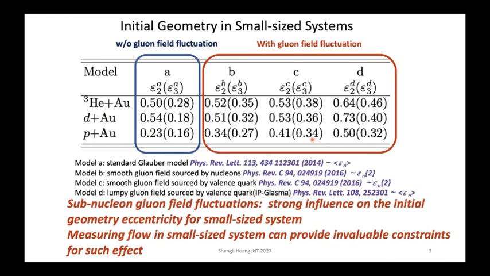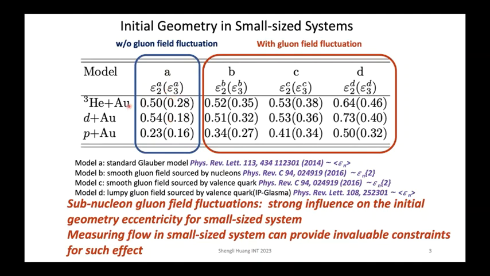So first, I will give a little bit more detail about the initial spatial geometry in a small system. We know there are two kinds of Glauber model calculation. First, the standard Glauber model without any Coulomb field fluctuation. You can see there is very strong system dependence.